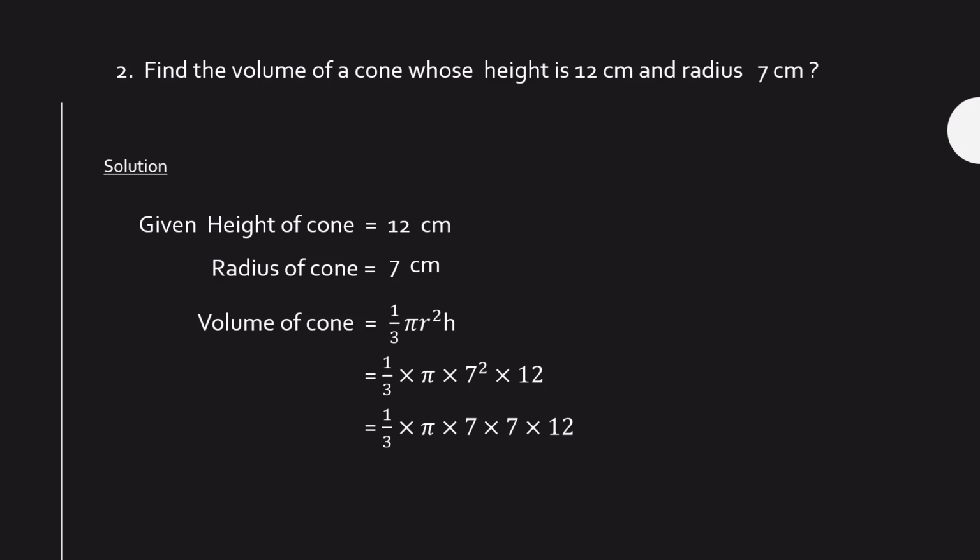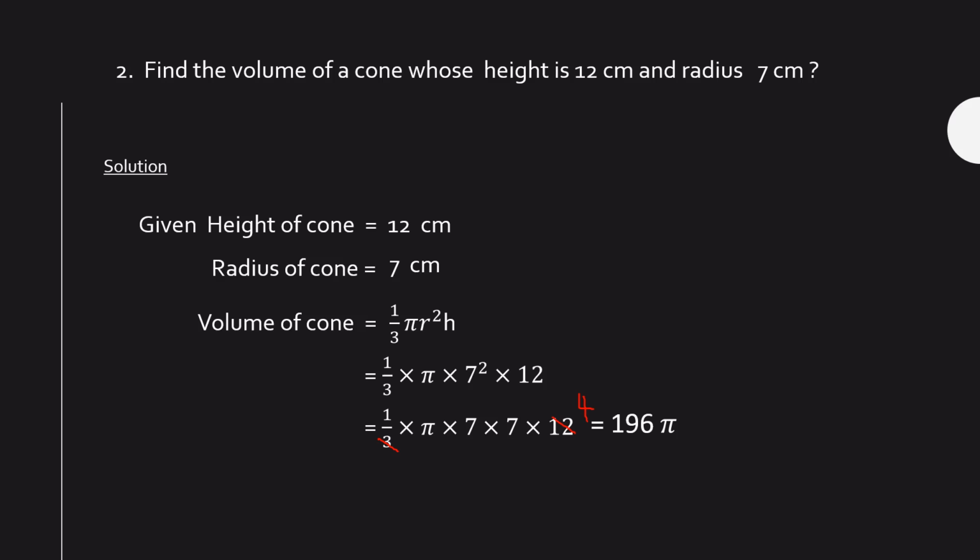Then you can cancel this 3 and this 12. What do you get? 4. So the next step is 7 into 7 into 4 into pi and that is 196 pi. You can do the multiplication and check whether the answer is correct.